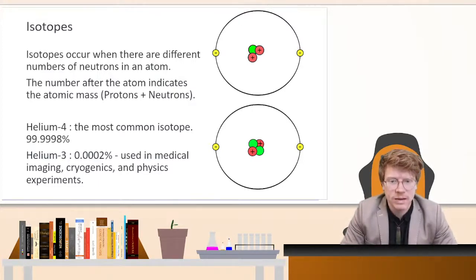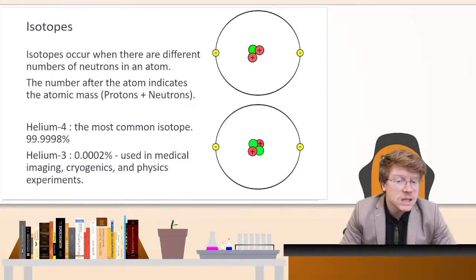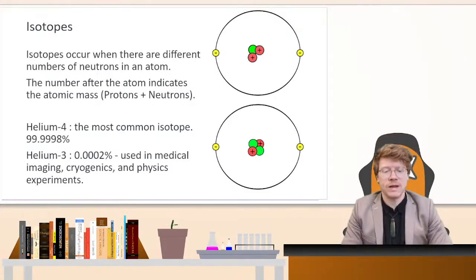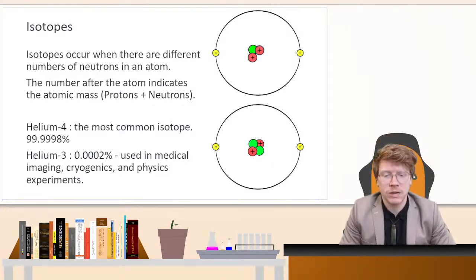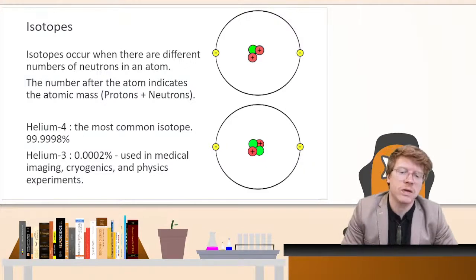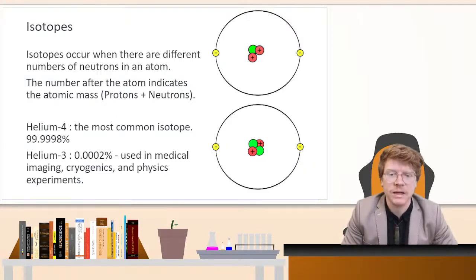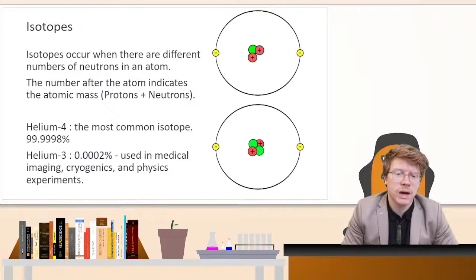Helium-4 is the most common form, that's the one in the bottom. 99.99998% of all the helium in the world is helium-4, whereas helium-3 is much less common but is quite useful in certain cases. So sometimes we want to have a different number of neutrons. The number that we stick after it is equal to the number of protons plus the number of neutrons, right? So helium-4 is slightly heavier than helium-3.